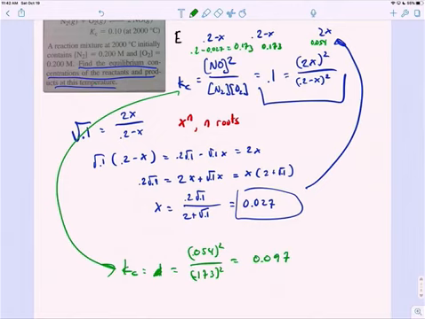So this tells us that yes, we're very close to 0.1, and that's within the 2 sig figs. You can see there's a 3% error, but you can use this to check to see if you do in fact generate what you know back. That's a good way to check it.